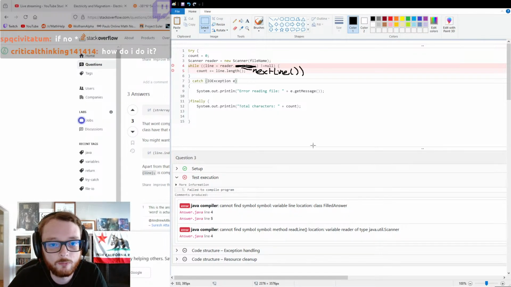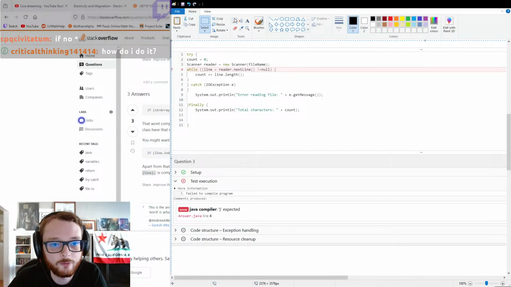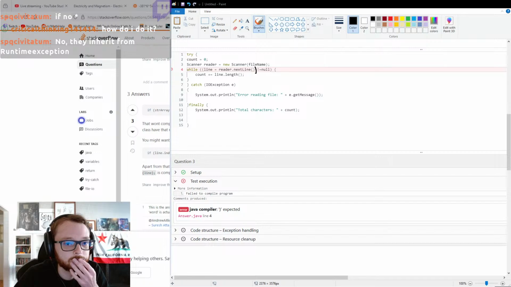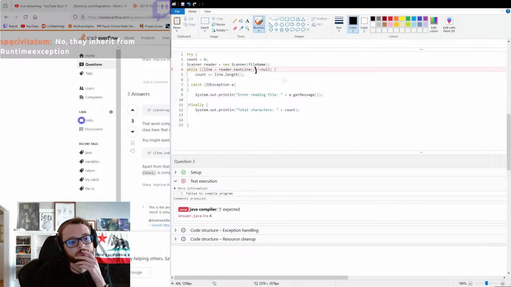You took away one too many of the parentheses, Critical. Just put one of the parentheses back there. Inherit from runtime exception? Oh, really? Let's see if this code works, and then we can change that part after. Well, we don't know if it's going to make an error with that.